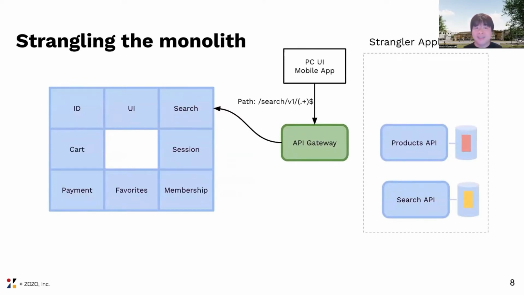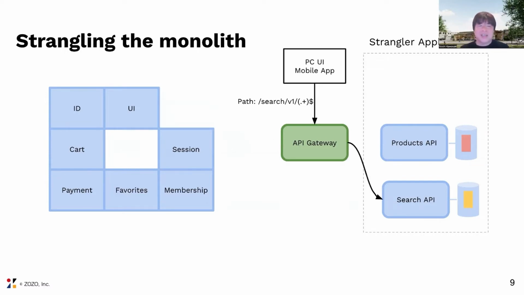Here's how we replaced an existing component with the new strangler application using the API gateway. The API gateway can act as a reverse proxy. In this example, we replace the search component. First, instead of directly sending a request to the existing search component, we made the client send a request to it through the API gateway.